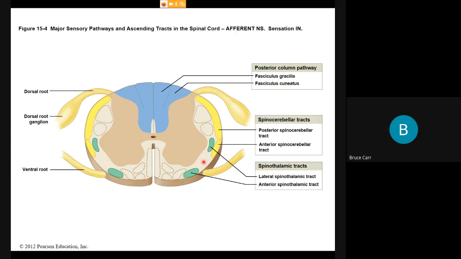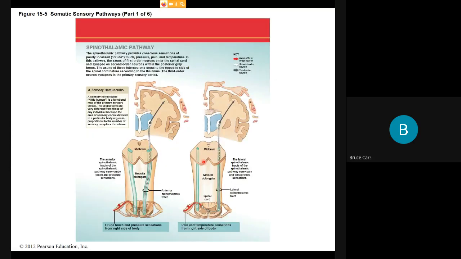Now, when we look at the actual pathway of this tract, we get this kind of diagram. The spinothalamic tract is going to go from a receptor through a spinal nerve into the spinal cord and then up one of these tracts.